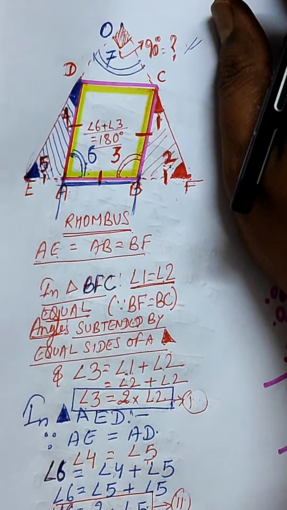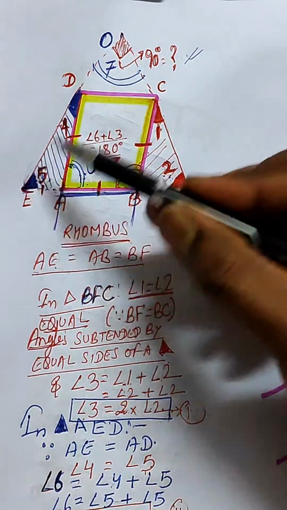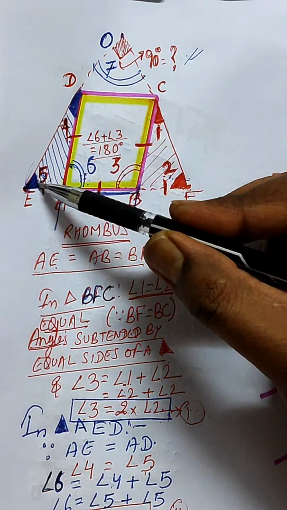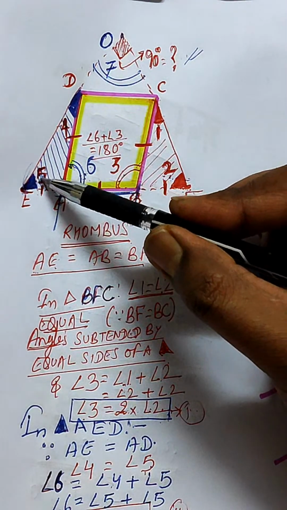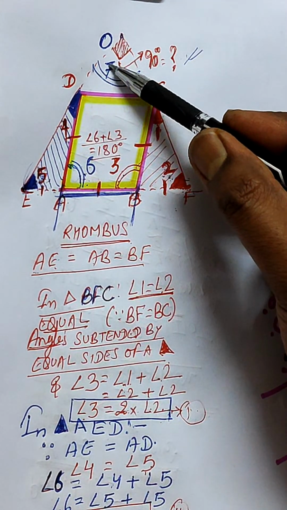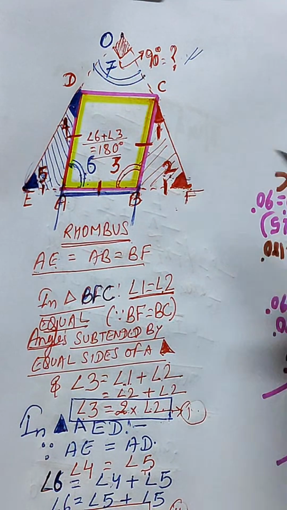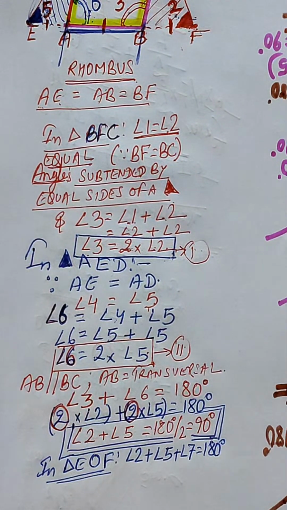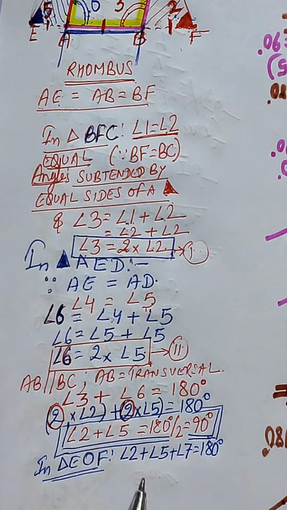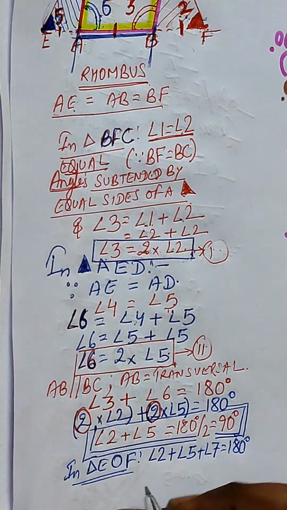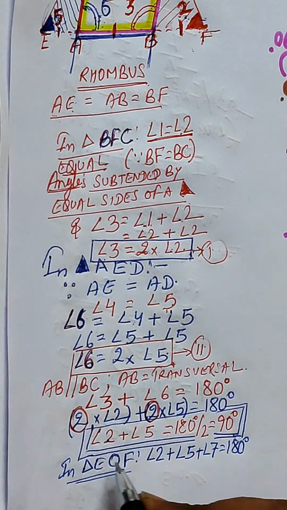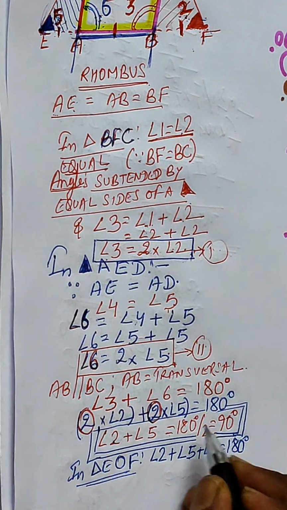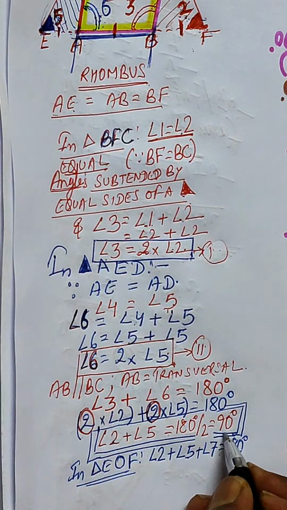So all these three angles I have written over here: angle 2 plus angle 5 plus angle 7, but 2 plus 5 is 90 degrees.